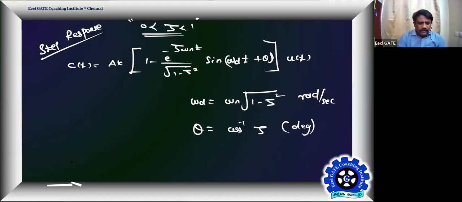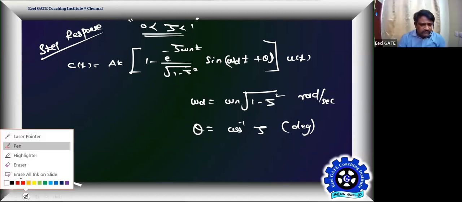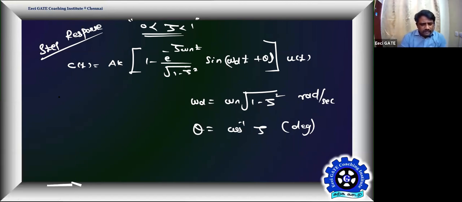Now, what will be the plot of this response C of t? At time t equal to 0, what's the response? 0. No input, no output.